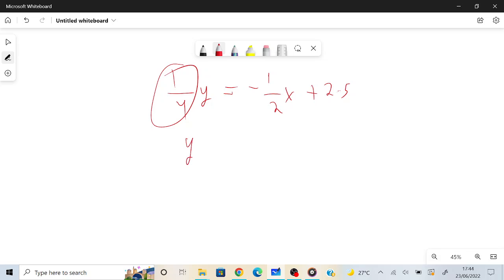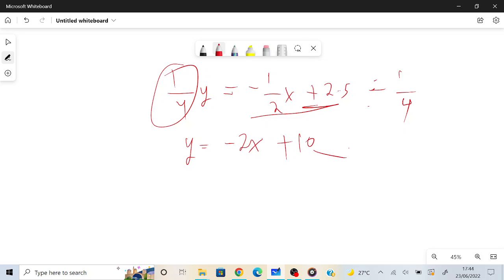Y would simply be everything over here divided by 1 over 4. So let's do minus half divided by 1 over 4. That is minus 2x. And 2.5 divided by 1 over 4 should be 10, but let's have a quick look. Yep, it is 10, plus 10.